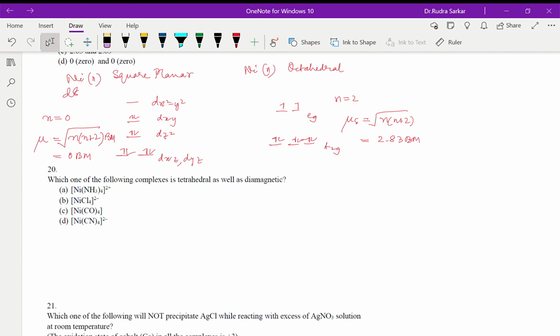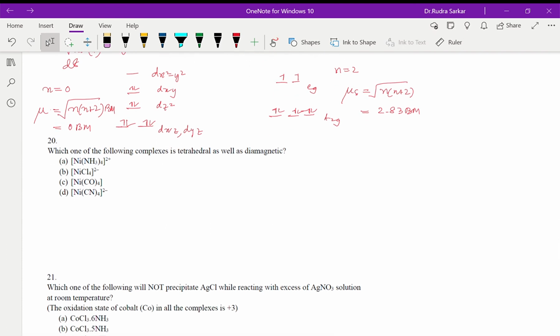In which of the following complexes is tetrahedral and diamagnetic? It says tetrahedral and diamagnetic. Ni NH3 4 2 plus, or say NiCl4 2 minus.